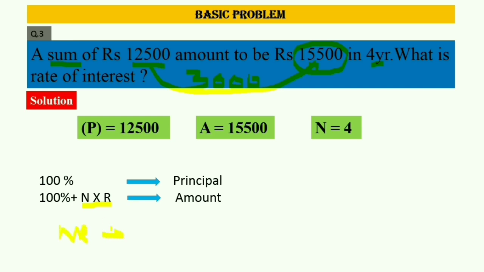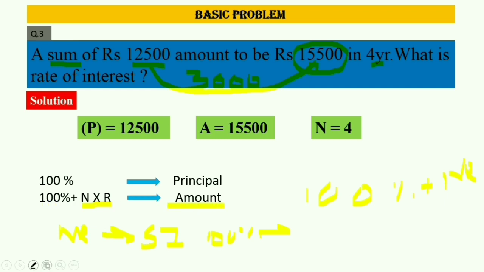We have considered NR as the simple interest, but I have specified that the 100% we take as the principal. So whenever we add 100% plus NR, that is principal plus NR, meaning principal plus simple interest, we get the value of the amount.